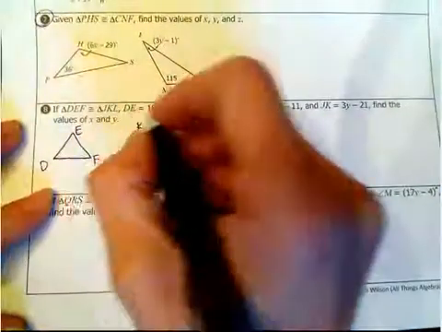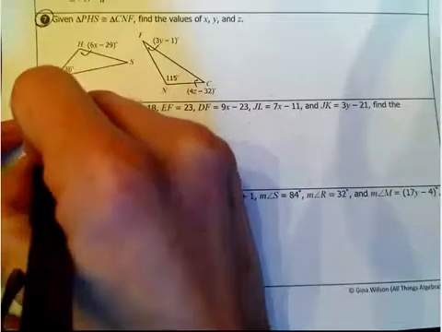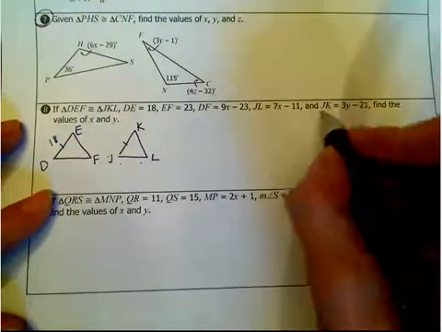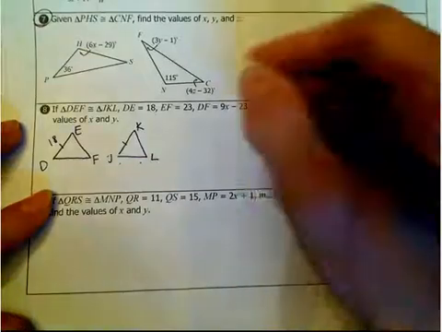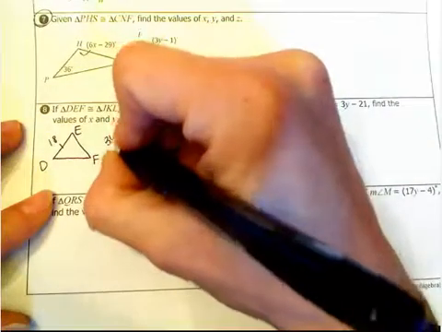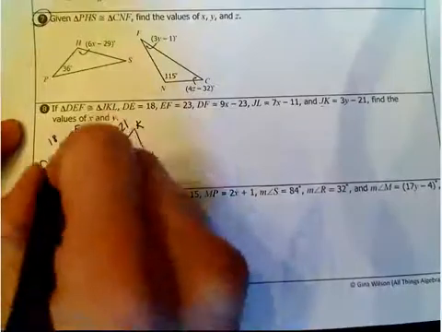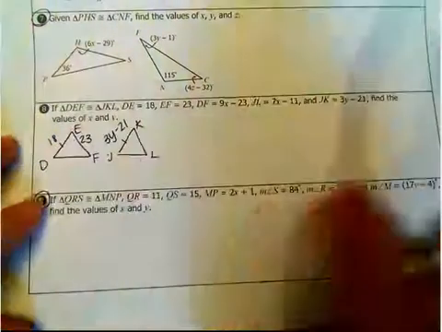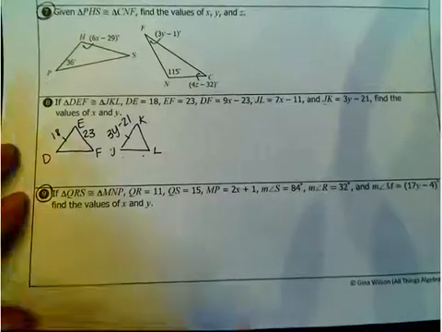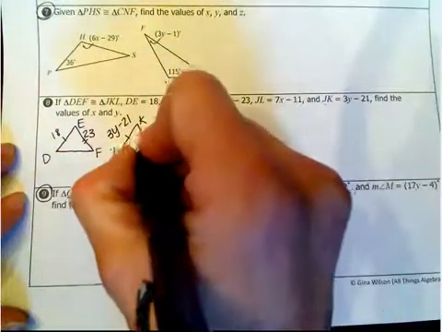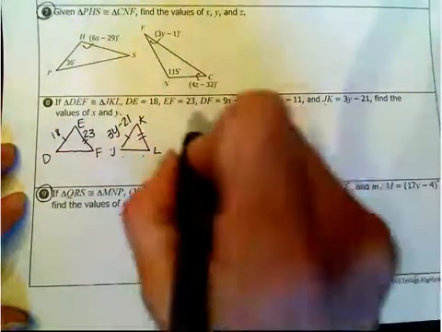So I know that DE is 18 and DE is congruent to JK. Here I have JK is 3y minus 21. EF is right here, that's 23. And EF is congruent to KL, so I'm going to look for KL.